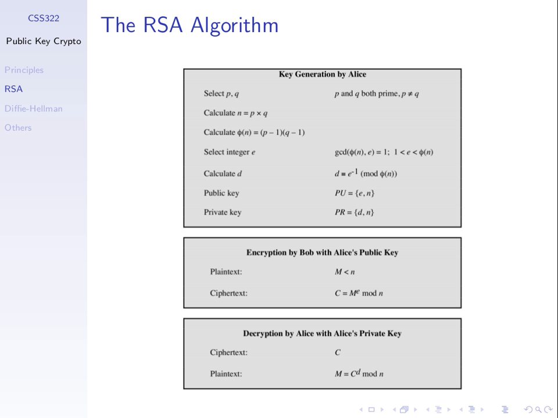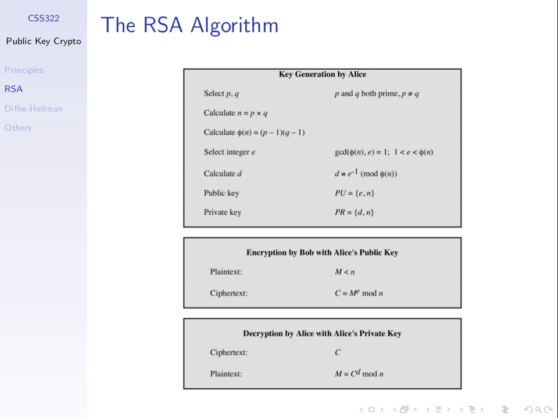Discrete log in base m. So the base is m. The modulus is n, of c equals e. That's another way to write this.